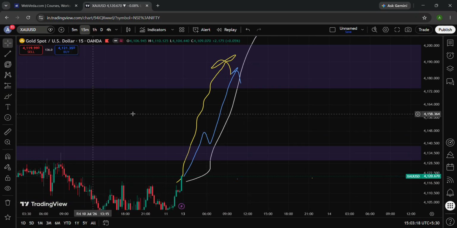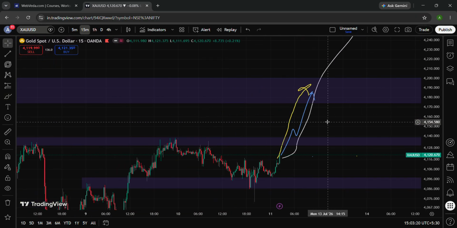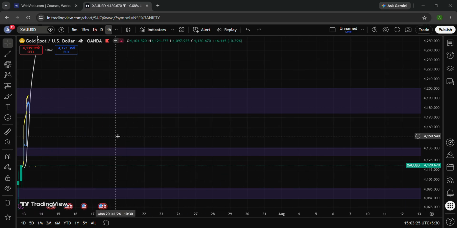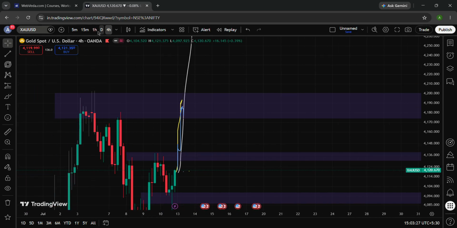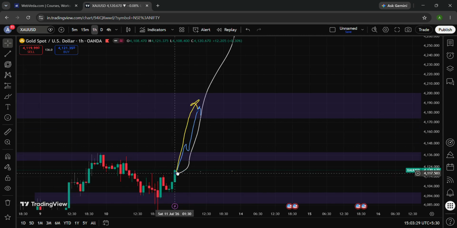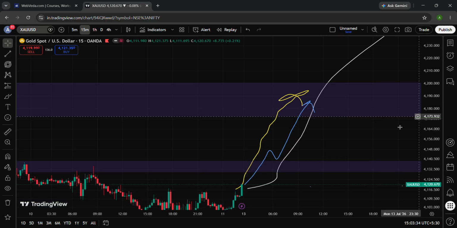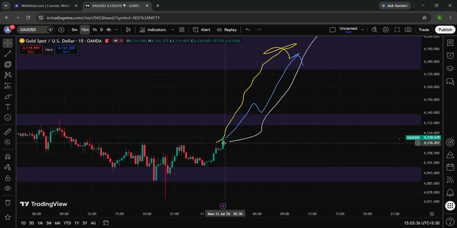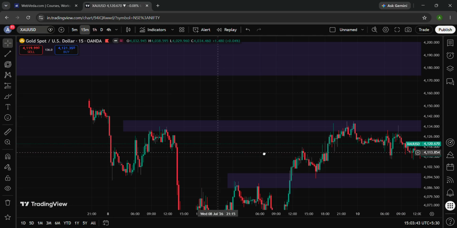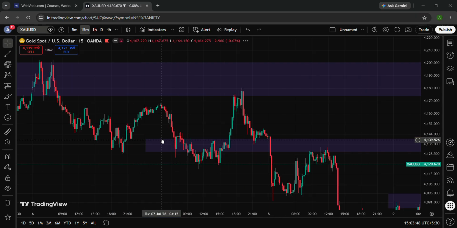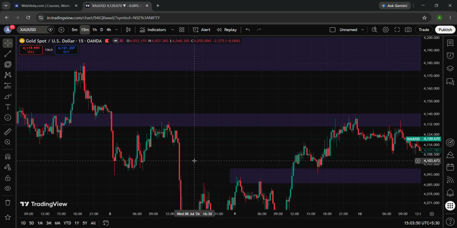See what I'm doing: I have just done a multi-time frame analysis. I started with the 4 hour chart, where we analyzed that price can move upward from here, and then we jumped to the 1 hour chart, which also says the same, and in the 15-minute chart we think that we should wait for some time, and if price moves upward and breaks the resistance position first. If you see the previous side also, if we extend this, this is a strong support and resistance zone for us.